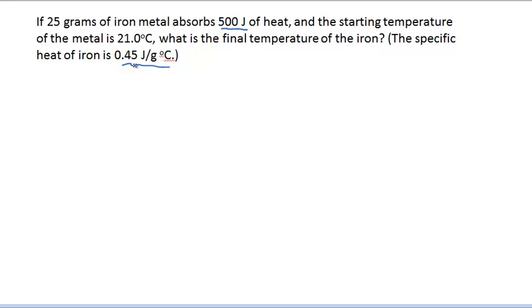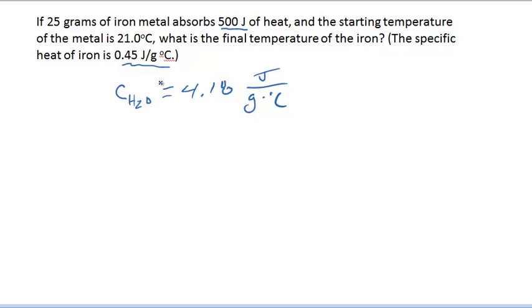Now, from your reading, you've probably seen that the specific heat of water is a lot higher than that. It's 4.18 joules per gram per degree Celsius. So what that means is if you have 1 gram of water and you want to raise its temperature by 1 degree Celsius, you're going to have to pump in a little over 4 joules of energy.